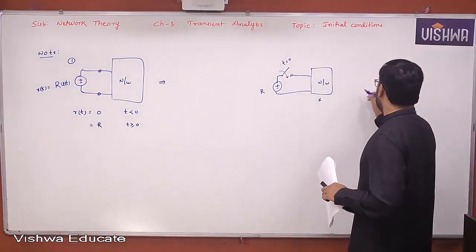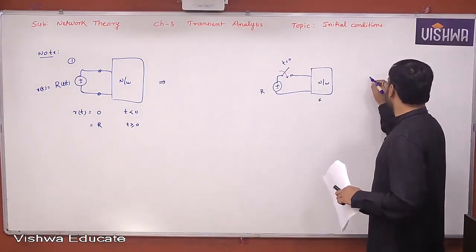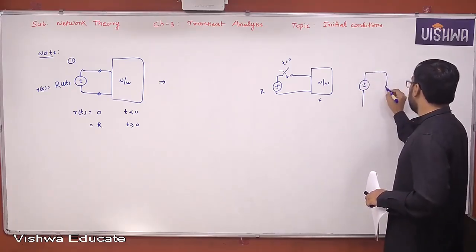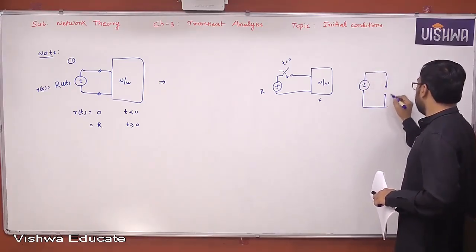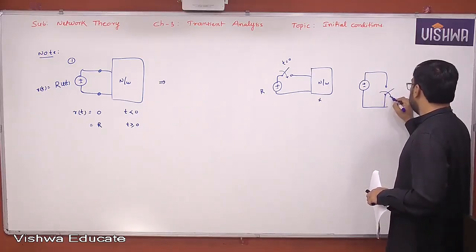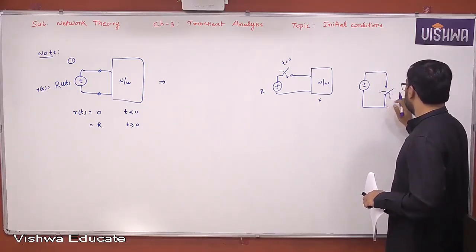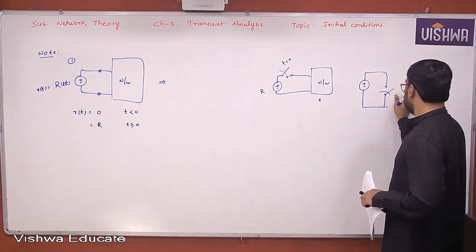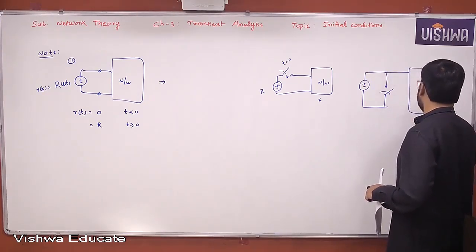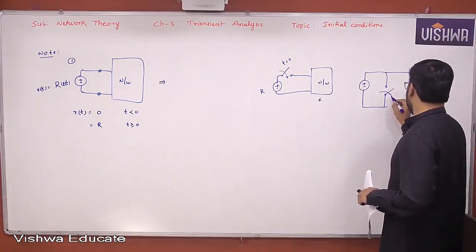So now, how can you place it then? Some people may place it like this. Some people may give an answer something like this. Look at this. I'll give you the switch position here. I'm just opening the switch.